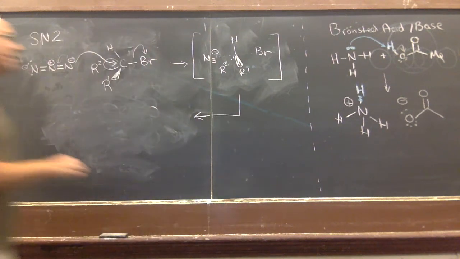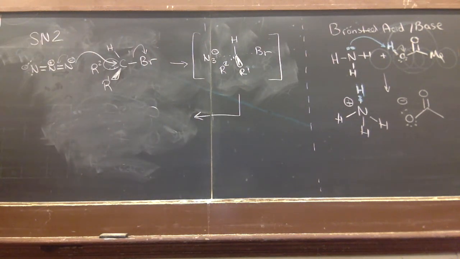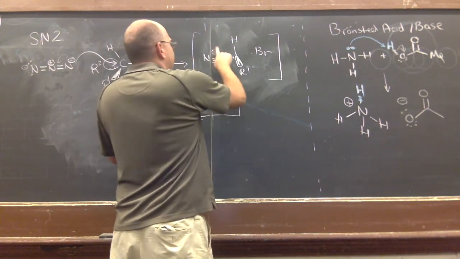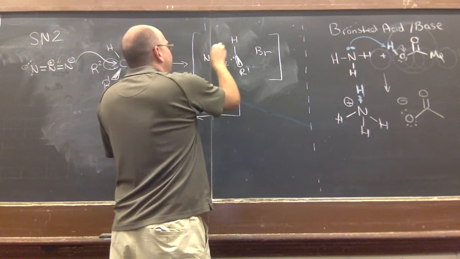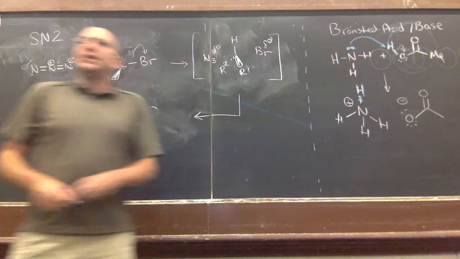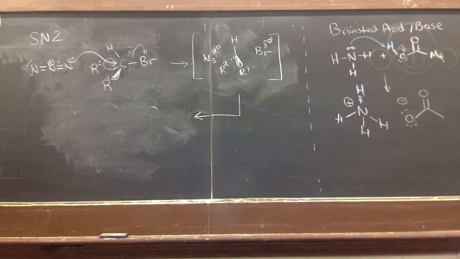And so in this system, I've drawn it as a negative charge here, but really what you have is a delta minus. You guys know what that means when I say delta minus? Yeah, it's a partial charge, right?